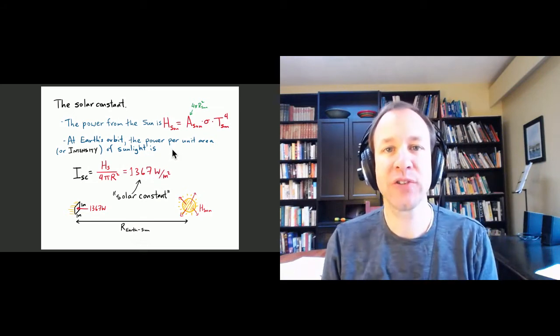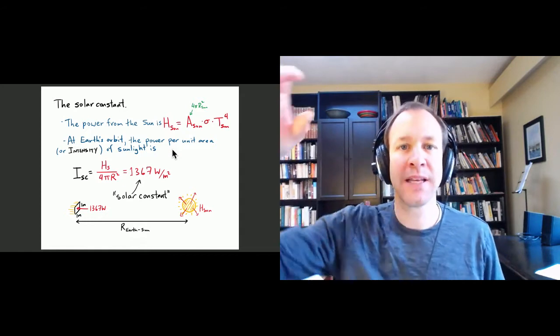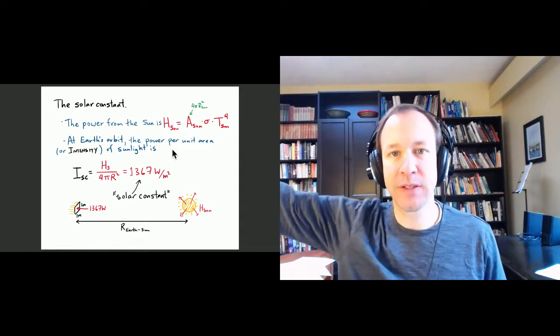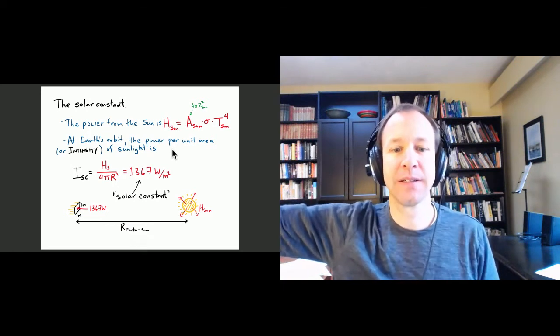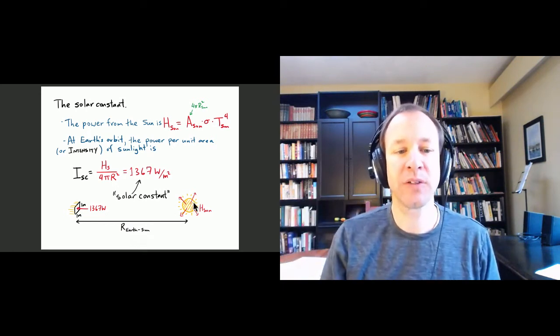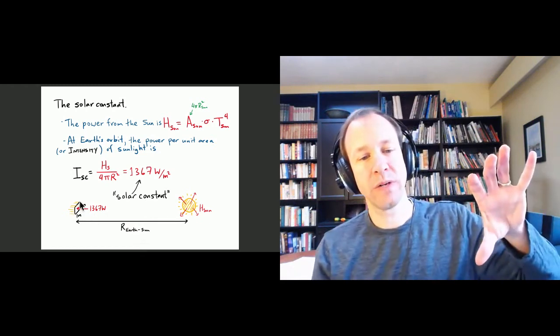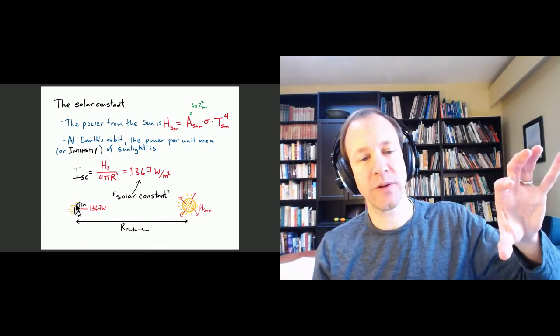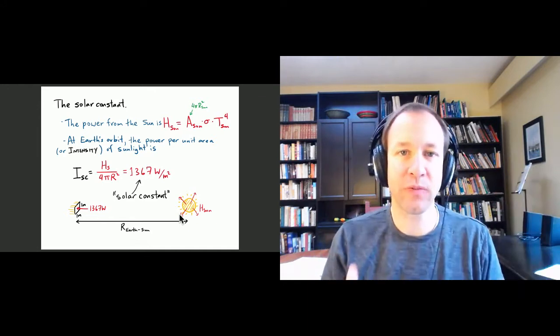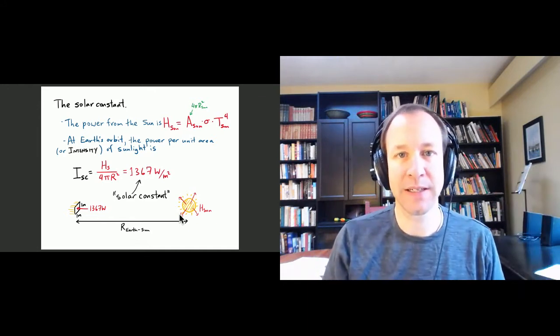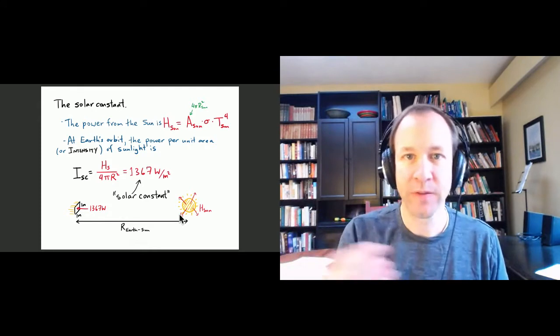And what we're interested in for our problem is, at the location of the Earth in the solar system, what is this intensity of sunlight? How much energy per meter squared is going to be going through a surface here? So I've just drawn a little 1 meter by 1 meter surface. It's basically at the distance of the Earth. And so this is the relevant thing for our calculation later of the incident energy from the sun.